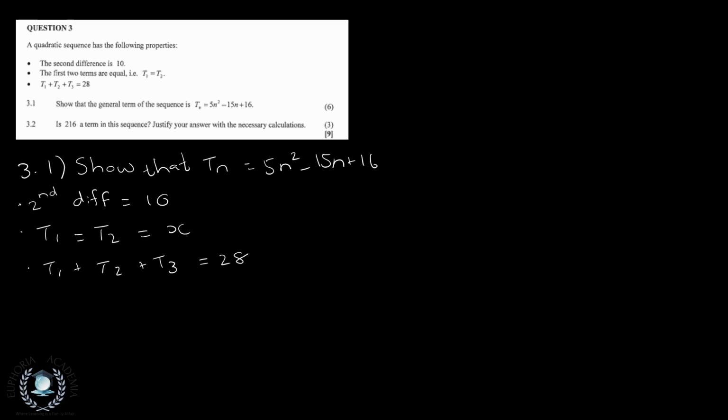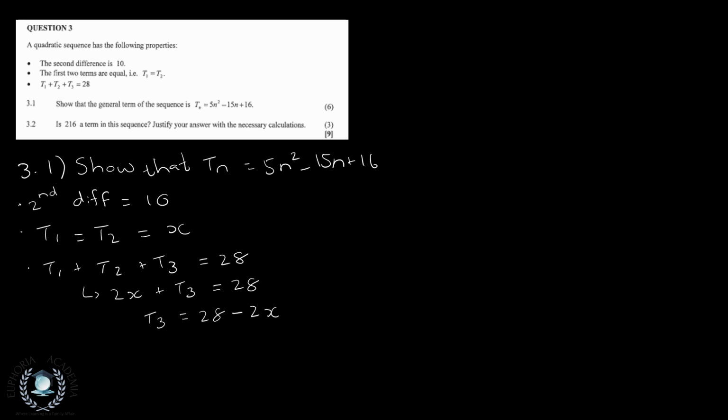So in this case, this will be our 2x plus T3 is equal to 28. Therefore, I guess T3 will be equal to 28 minus 2x.